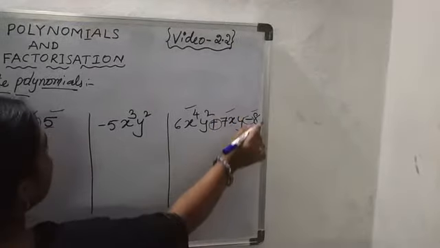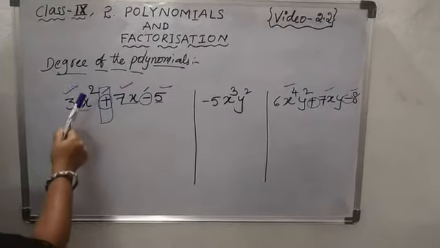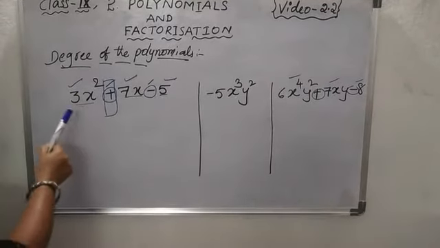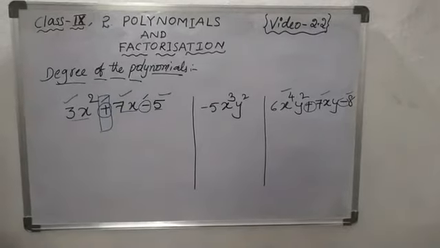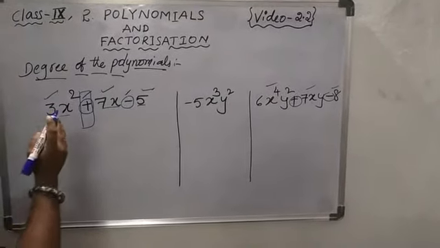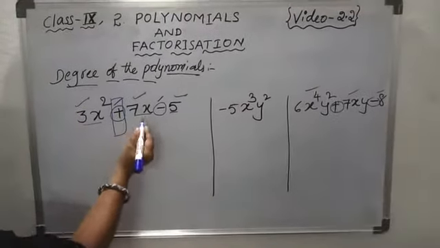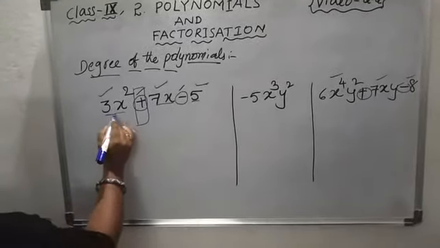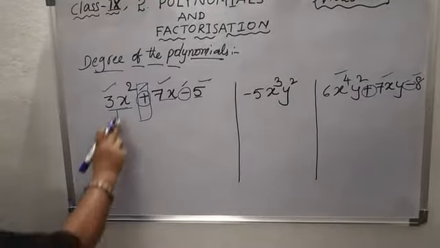Here also we get 3 terms. Now we have to find each term's coefficient and each term's degree, and find the sum of the powers of the given factors. For example, here 3x square plus 7x minus 5. The first term is 3x square. What is the variable here? x.